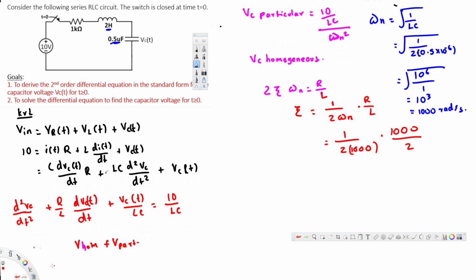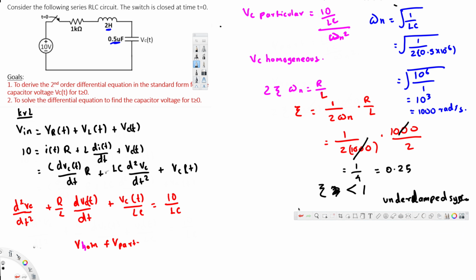Okay, now we can see these two cancel each other. 1000 cancels each other, we get 1 over 4. 1 over 4 is equal to 0.25. So when we have the zeta value that is less than 1, this is an underdamped system.